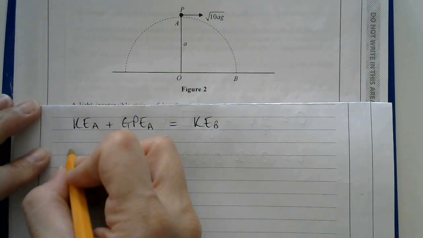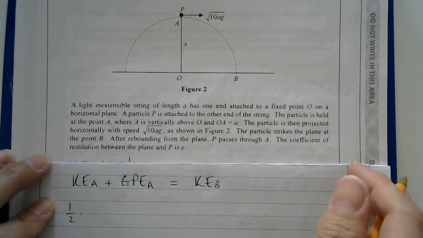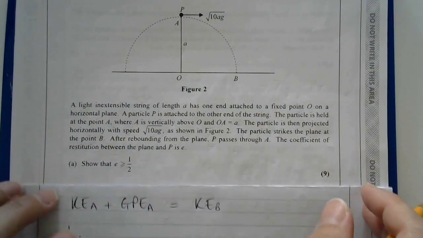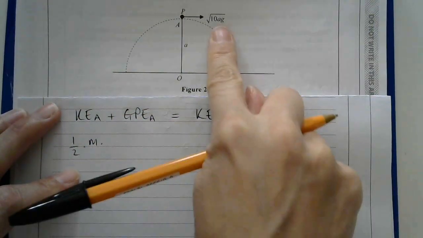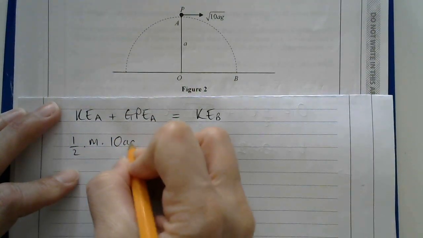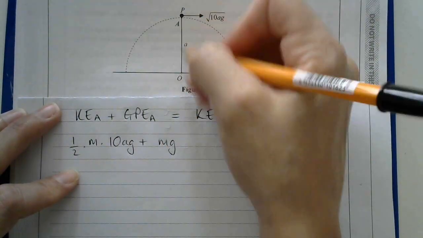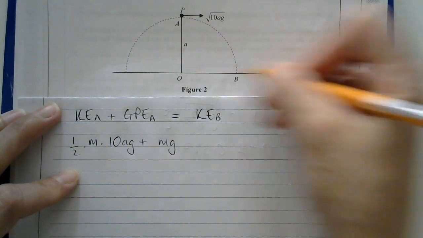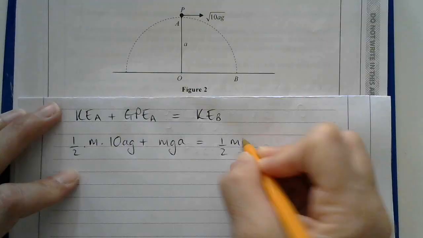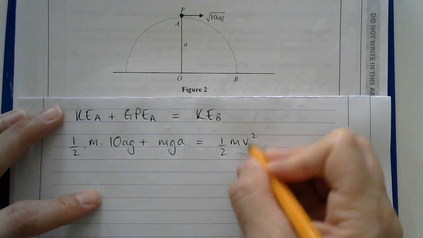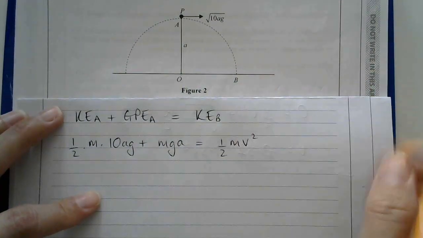So popping everything in, I've got half times the mass. Now in this question they didn't tell me what the mass was, so I'll just call it m, times u squared. That will give me 10ag, plus mg times the height above this level, so that's a, equals half m v squared, where I'm taking v to be the speed at B as it hits the surface.